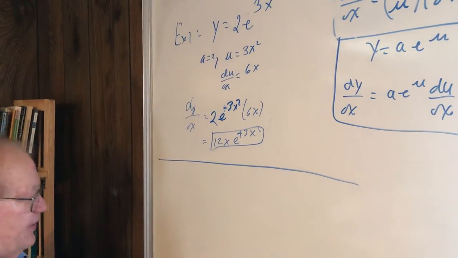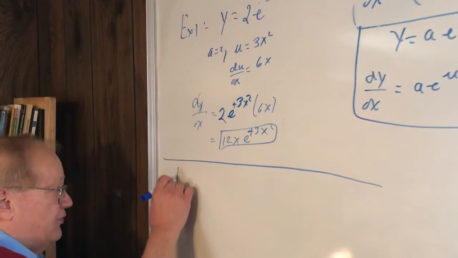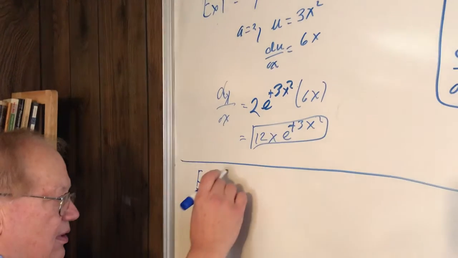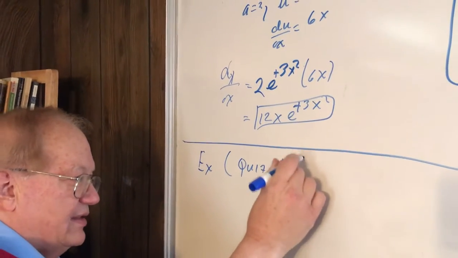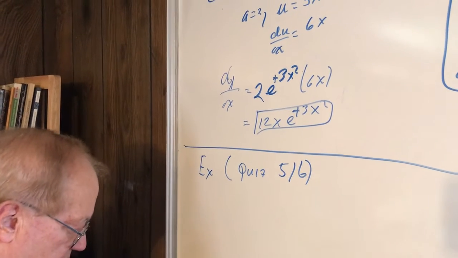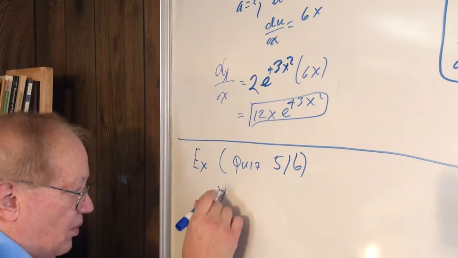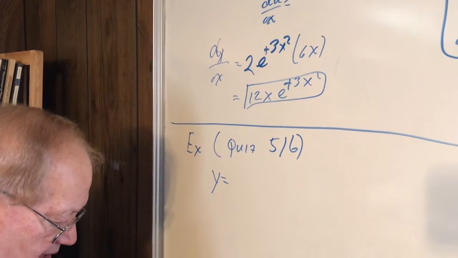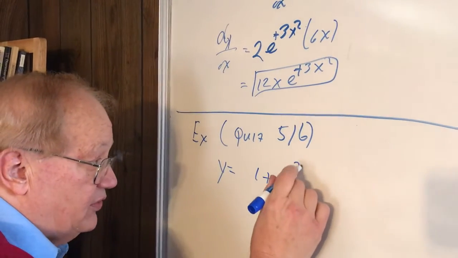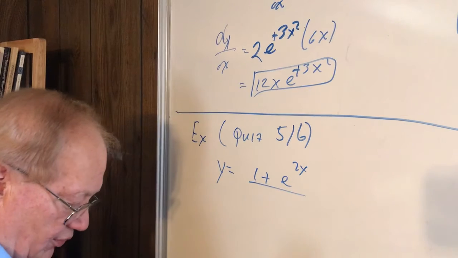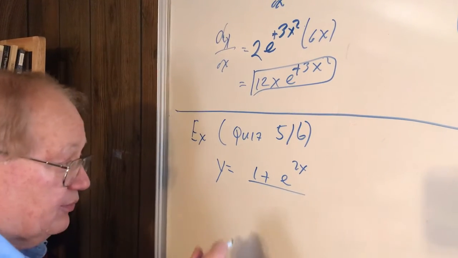So let's take another example. And this is from your quiz. This is quiz 5, 6. And it says, given this, y equals 1 plus e raised to the 2x over e to the 3x.